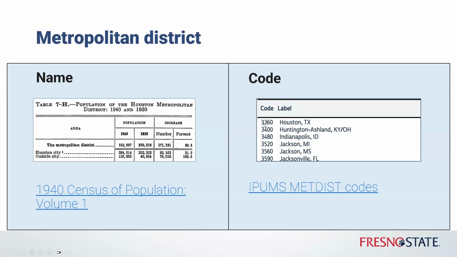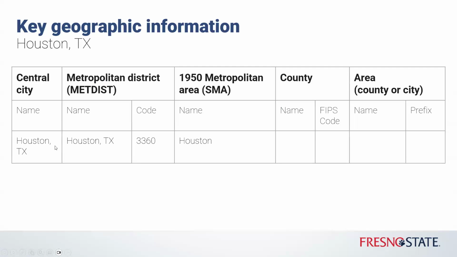So Houston's IPUMS code, and we have the link directly to the codes, is 3360. You're going to want to go ahead and document that number because we'll need that later to join that data with the shapefile. Okay, small point there, but it's important to document it. So you'll see we're now here. We know the metropolitan district's name is Houston, Texas, and its code is 3360.